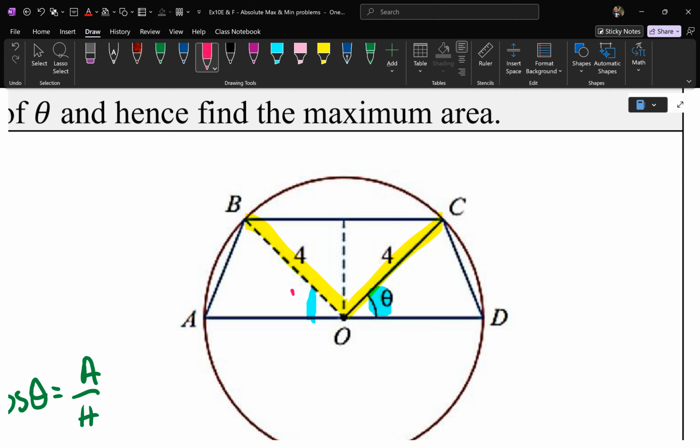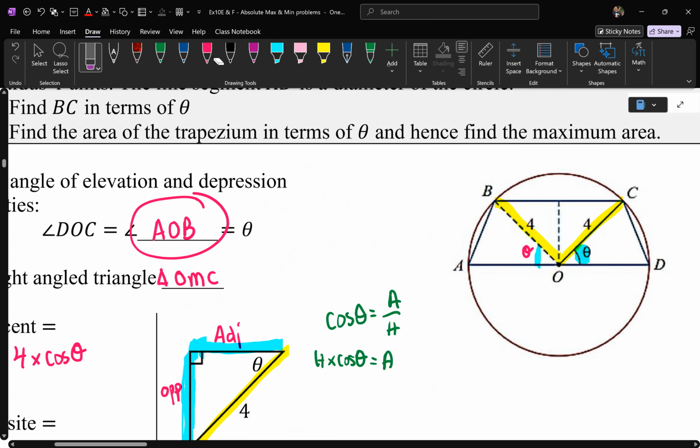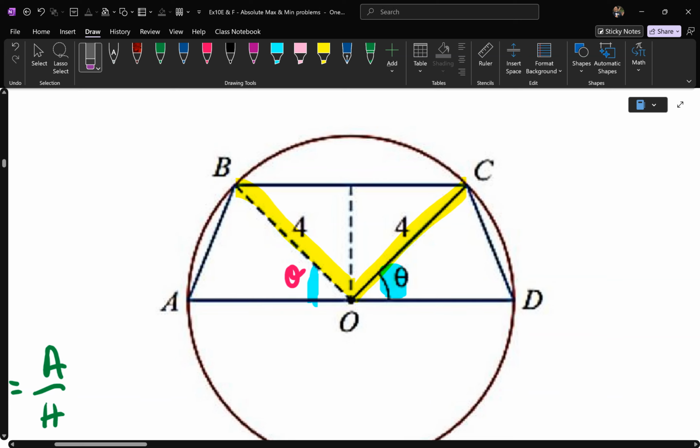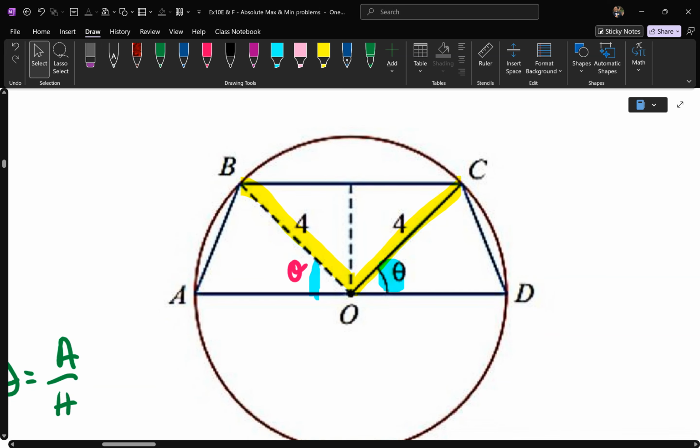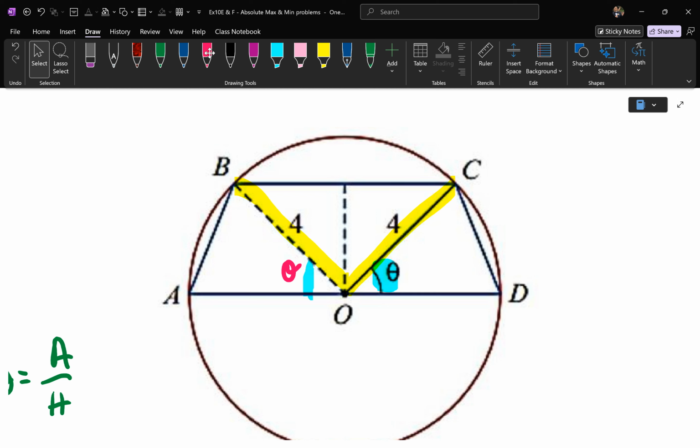So that must mean this is also the same over there. So the first part is I just said angle AOB is equal to DOC. If this is 4, which is the radius, then this is also 4, and that's also 4. So hence 4, 4, 4, 4.